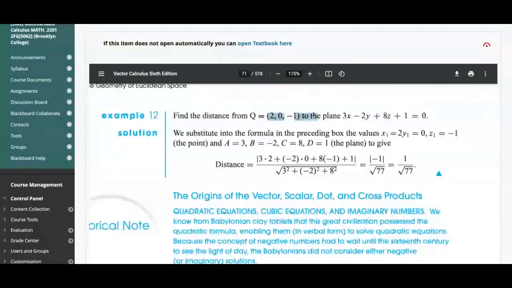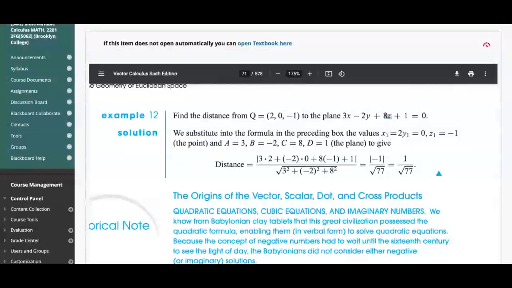This is one of the examples. We have a point in space not on the plane. How do we know it is not on this plane? We substitute the x, y, z values into the equation. If it equals 0, that means it's on the plane. If it's not equal to 0, it's not on the plane. x is 2, so 3x is 6. 2y is 0.